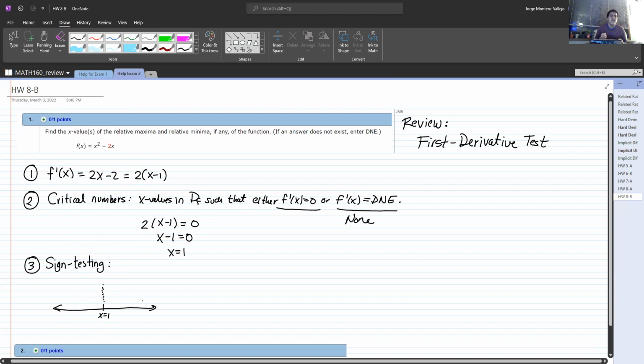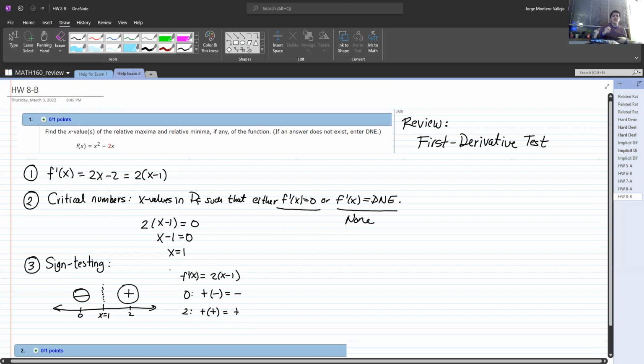Now you pick a number here, let's say 0, and a number here, let's pick 2, and you plug them into the derivative. You plug in 0, you get a positive times a negative, which is negative. For 2, you get a positive times a positive, so you get a positive.